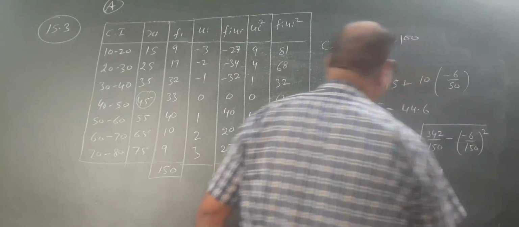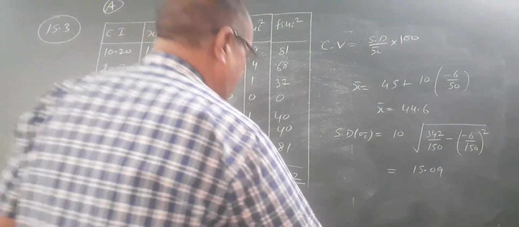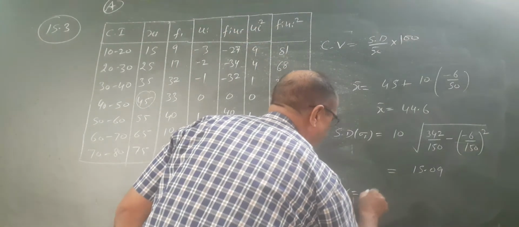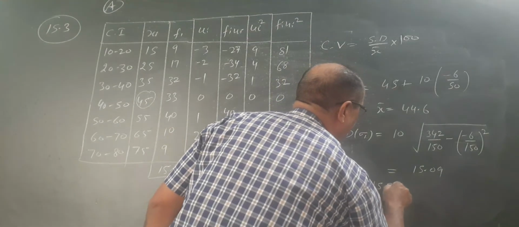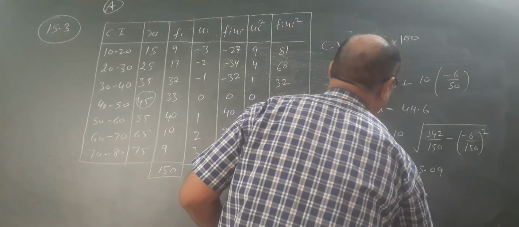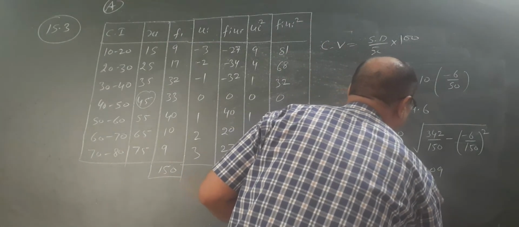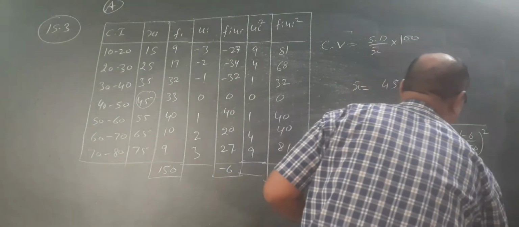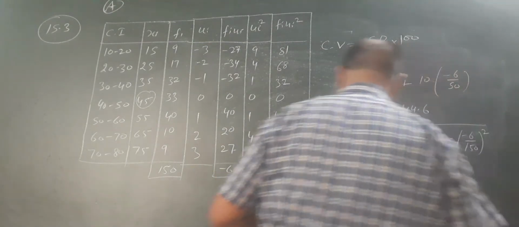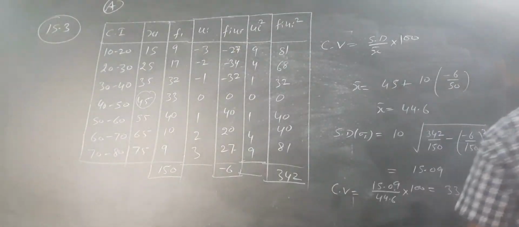This is for the first. Then how do I write its coefficient of variation? The coefficient of variation is SD divided by mean, that is 15.09 divided by 44.6, multiplied by 100. This comes out to be 33.8. So this is the way to find the SD of the first group.